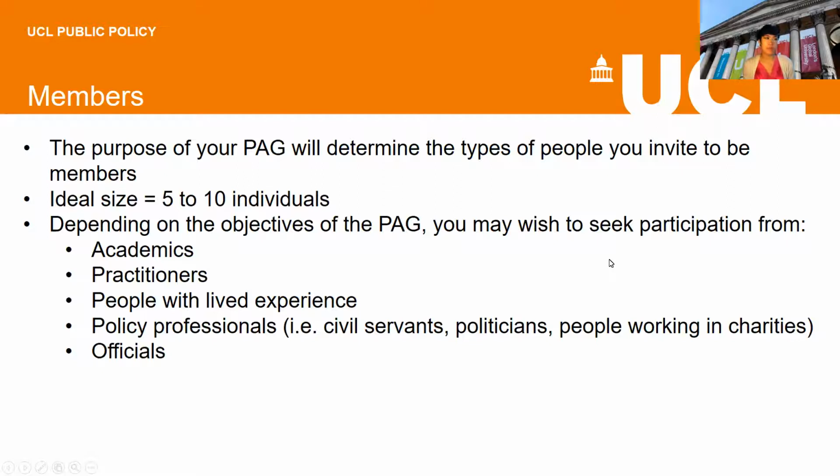So you might want people with lived experience, as they might have connections with patient advisory groups or with charities. And then you'd also want the practitioners as well, because those are the people working directly in the field. But again, think about what the purpose is, what you're trying to achieve, and then align the membership that way.